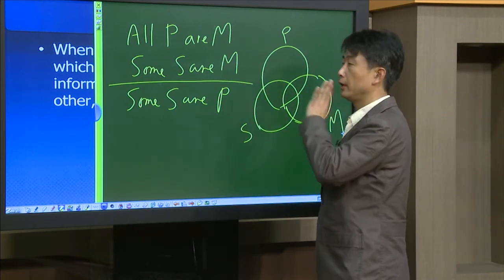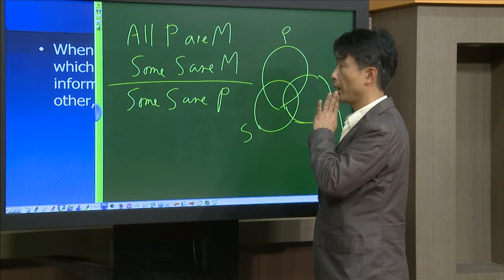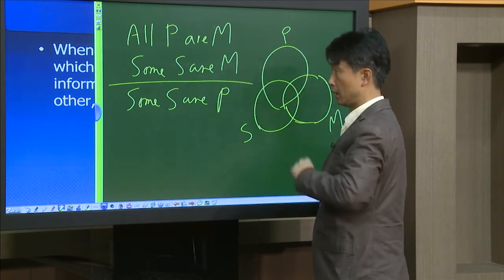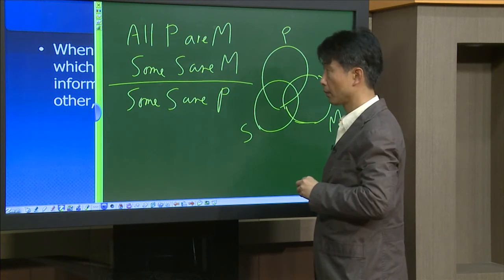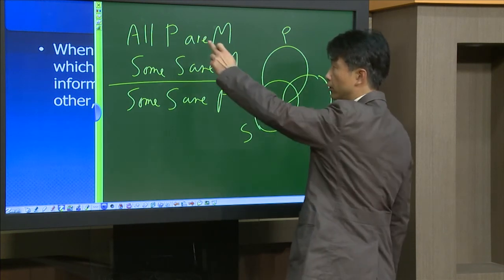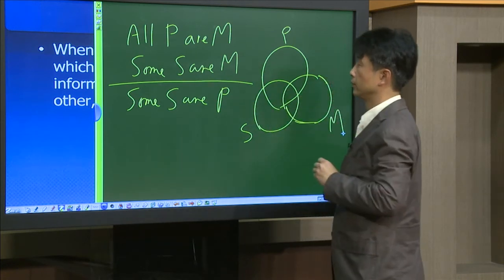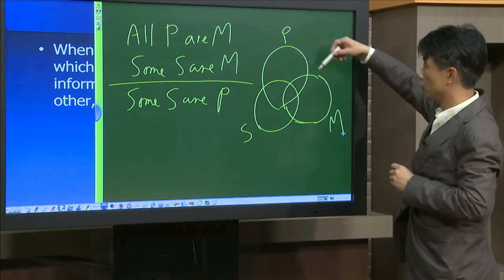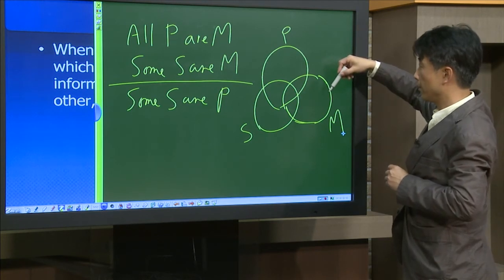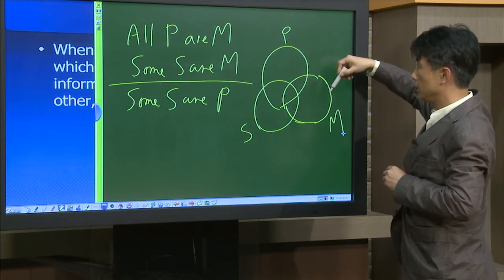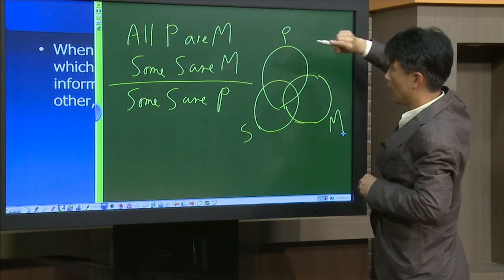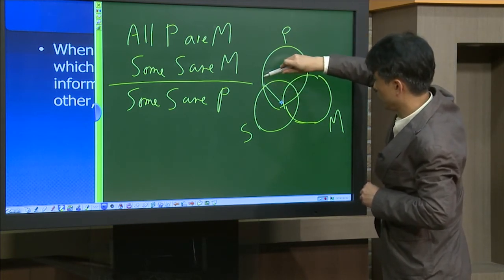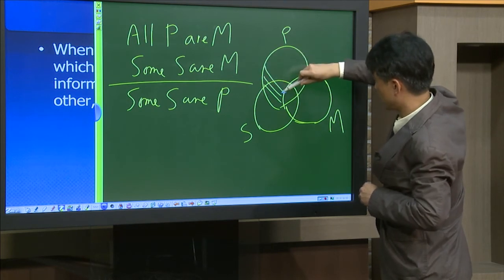This is again a case where you have universal and existential premises. So we draw the universal premise first, All P are M. So we look at these two. All P are M. That means we have to shade out P and not M. Okay, we have to shade out this part.